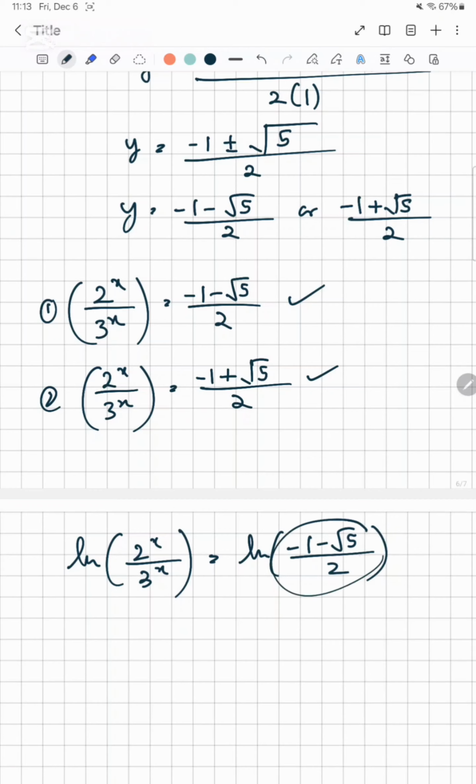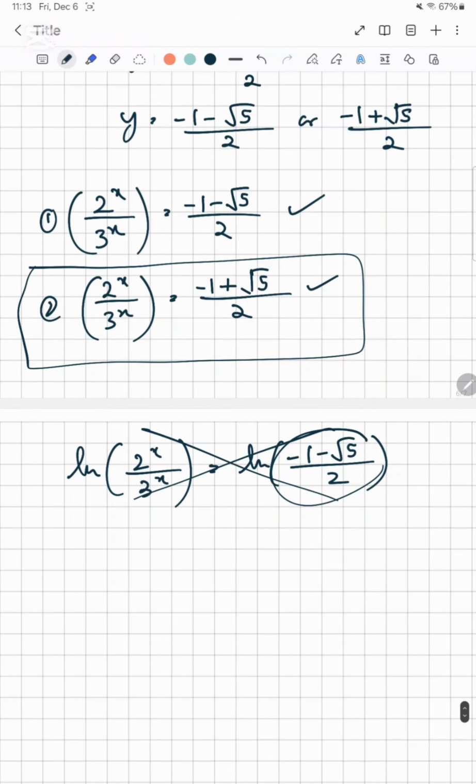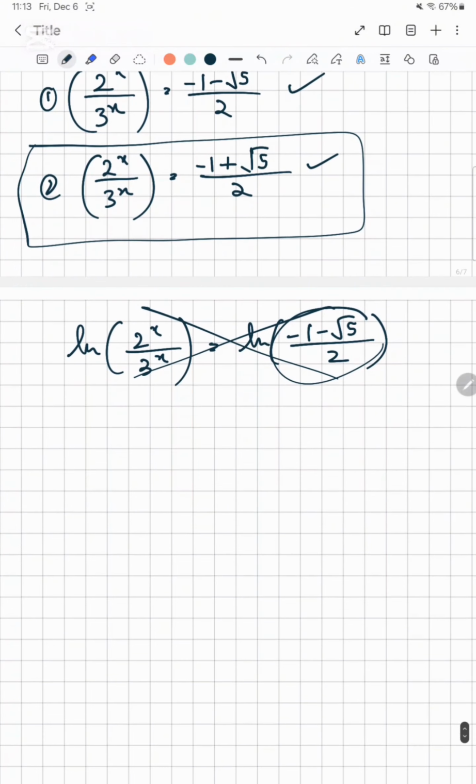Our only option is the second one. You can just put it in your calculator, for example ln of minus 2, and it says math error. So we should take the positive value. 2 to the power x over 3 to the power x was minus 1 plus root 5 over 2, so I'm putting ln to both sides.